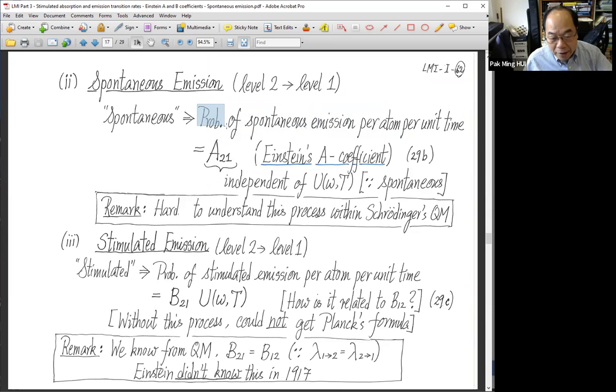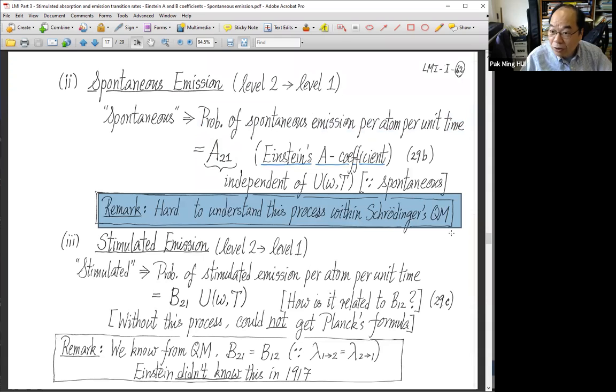Probability has no unit, one atom has no unit, and then it is 1 over time. So this thing has a unit of 1 over time. A and B carry different units. Remark: for quantum mechanics, we don't know what to do with this spontaneous emission term.